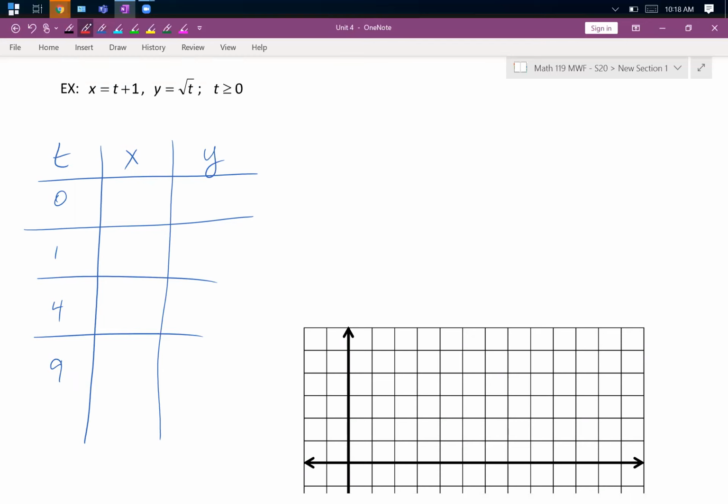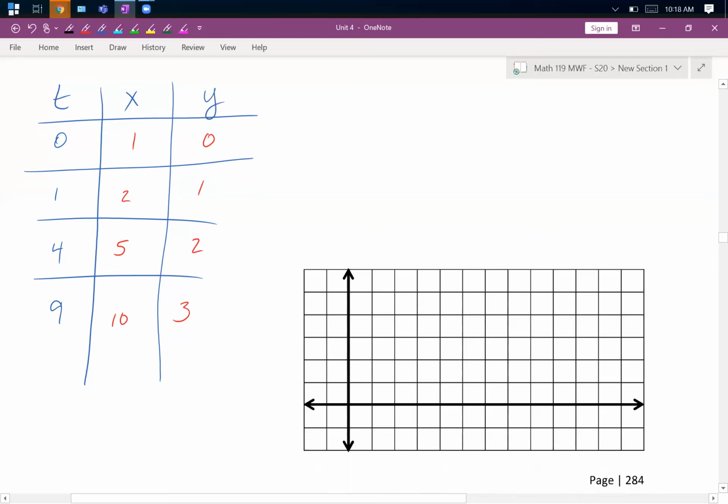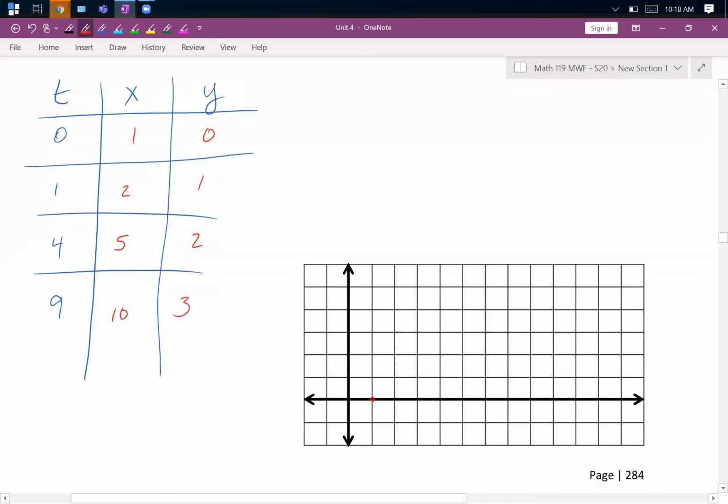Now we'll plug in and get our corresponding x and y values. For x, it's just t plus 1, so we get 1, 2, 5, 10. And then for y, we're taking the square root of t: 0, 1, 2, 3. We have our points, we're ready to plot.